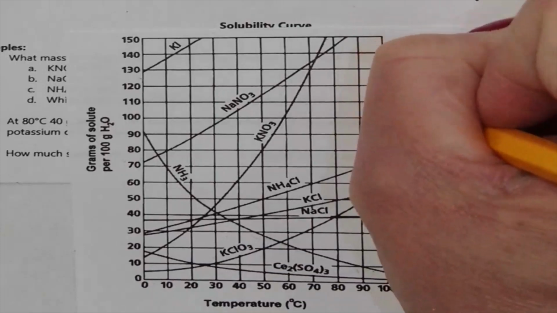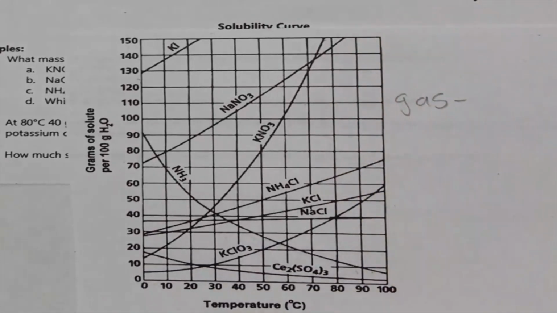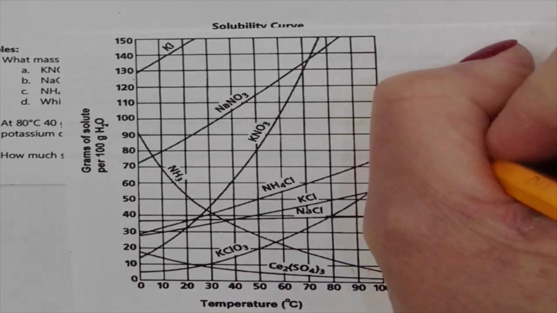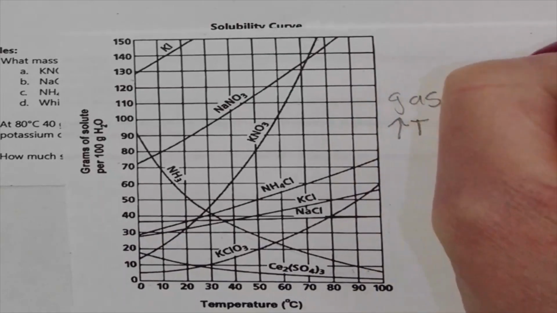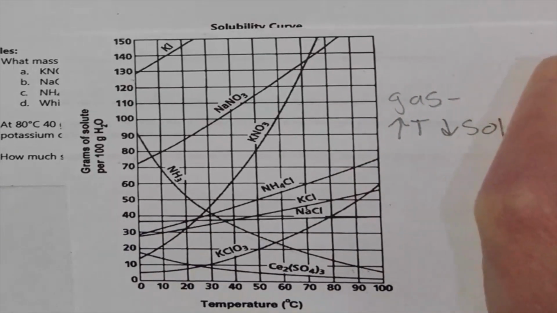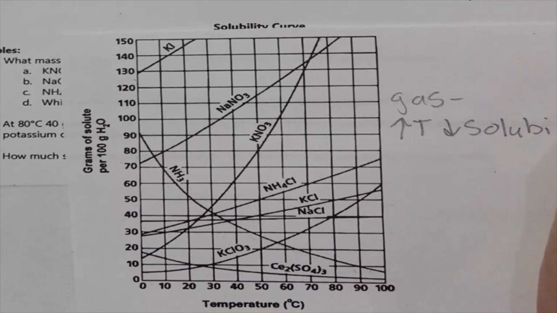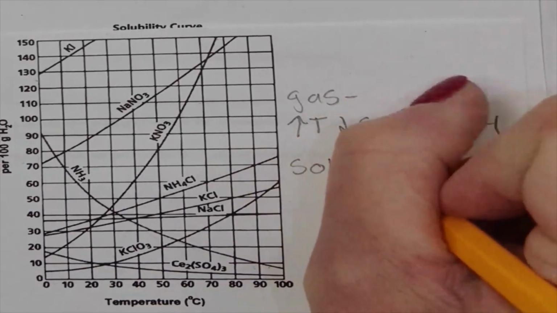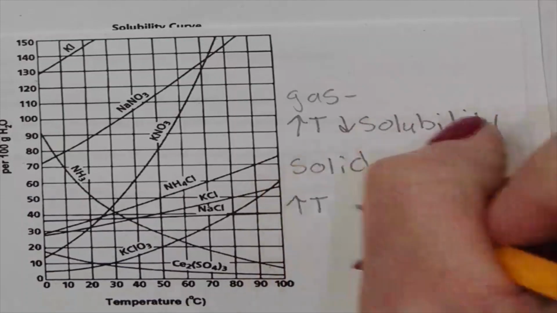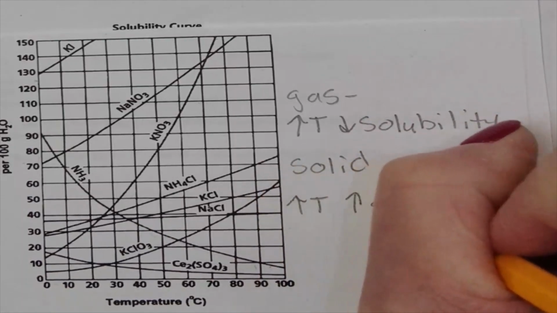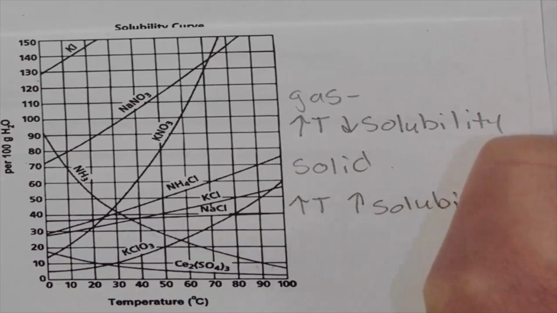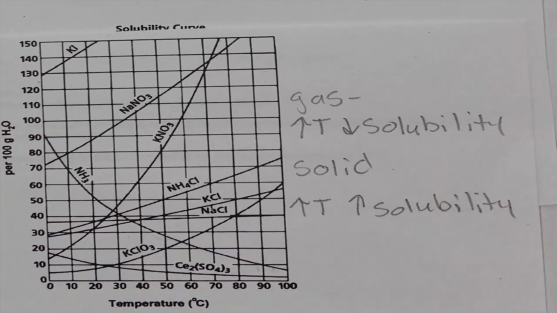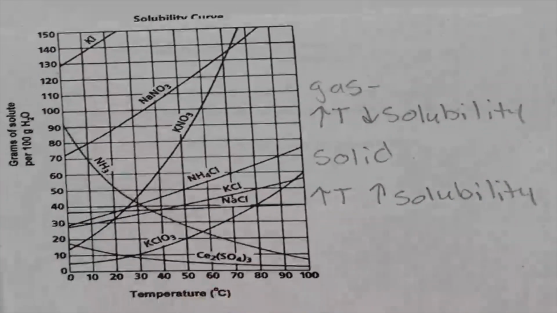All right, so gases, as we increase temperature, we see a decrease in solubility. For solids, as temperature goes up, we see an increase in solubility. Now let's look at some practice examples.